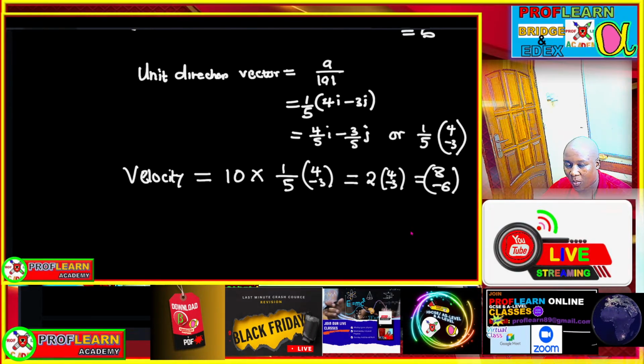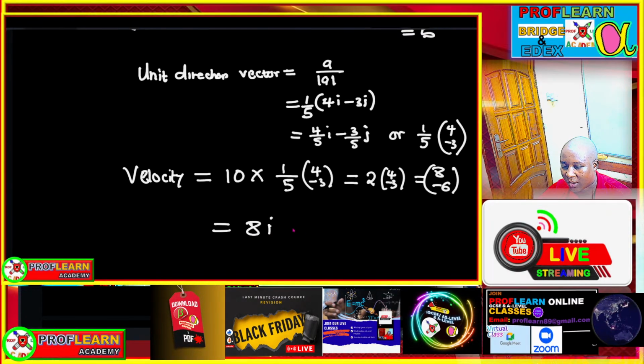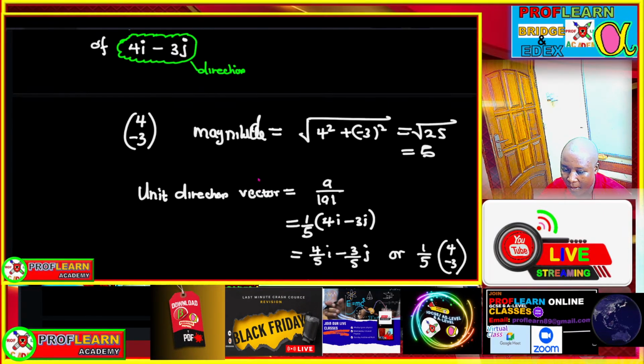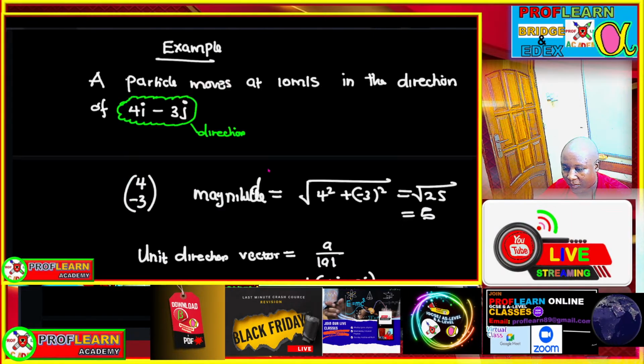Since we were given the direction vector in unit vectors, we can write our answer in unit vectors: 8i minus 6j. That is what we call our velocity vector, in meters per second.